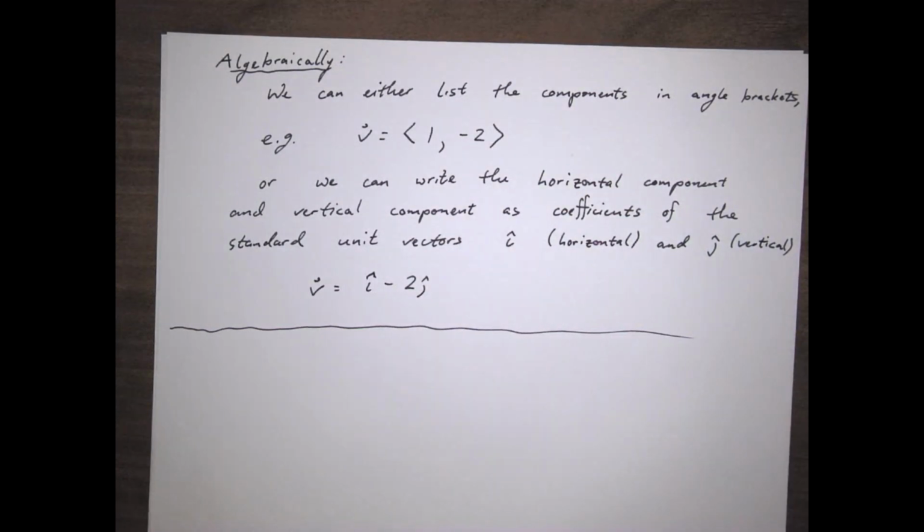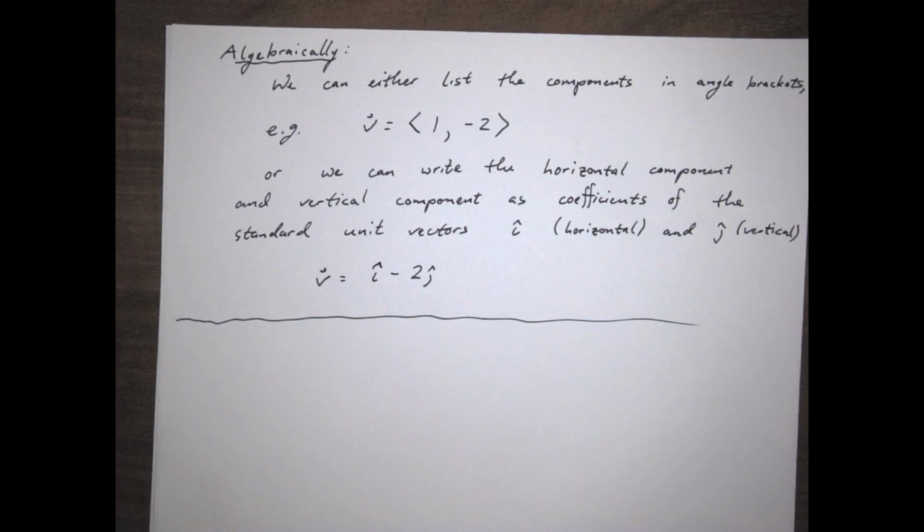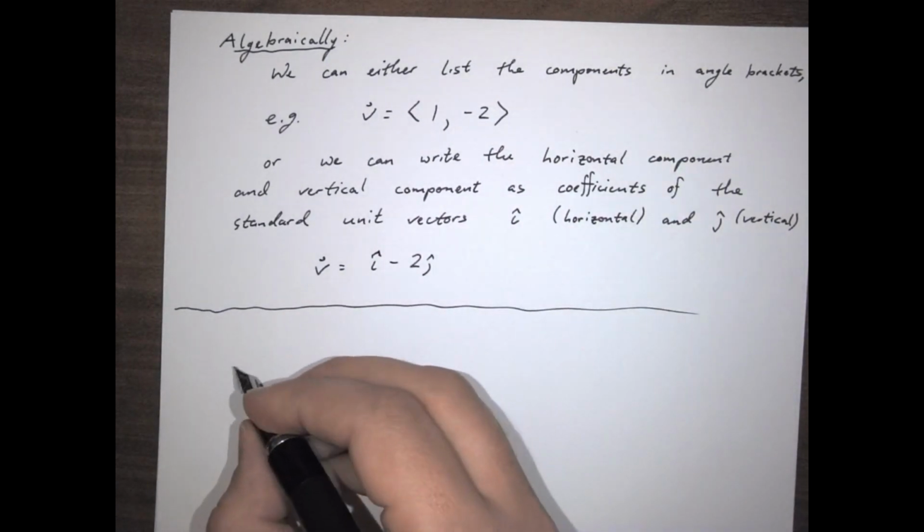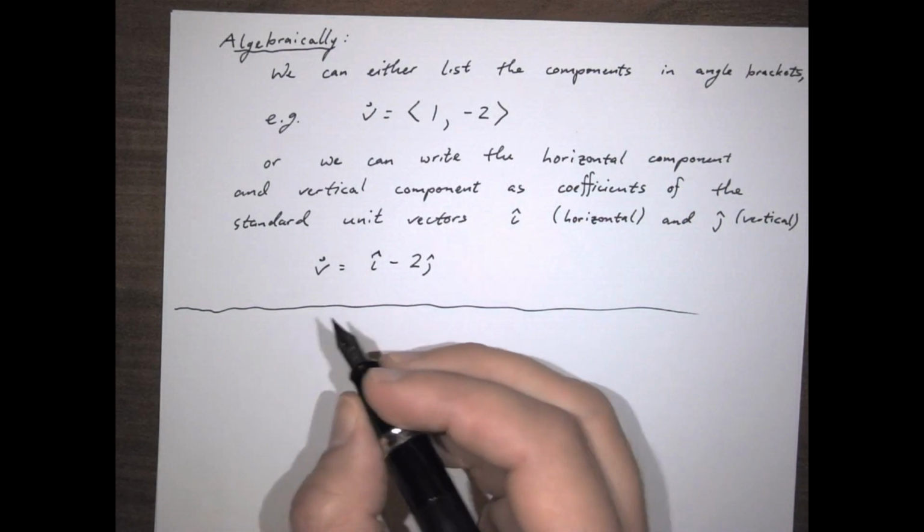Now, the important thing about vectors that distinguishes them as important quantities is that they can be manipulated in two ways. They can be added or subtracted from each other, and they can be multiplied by scalars.